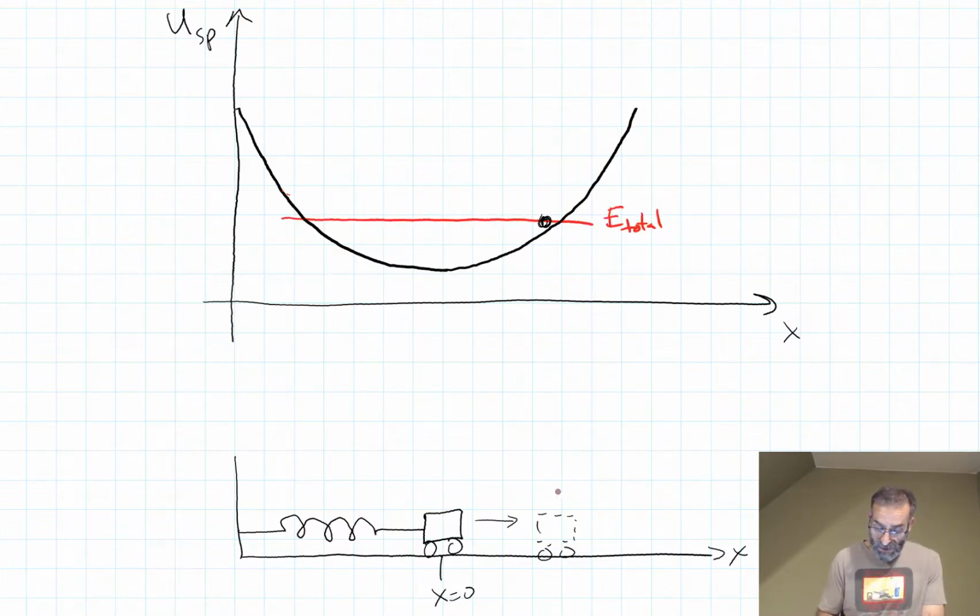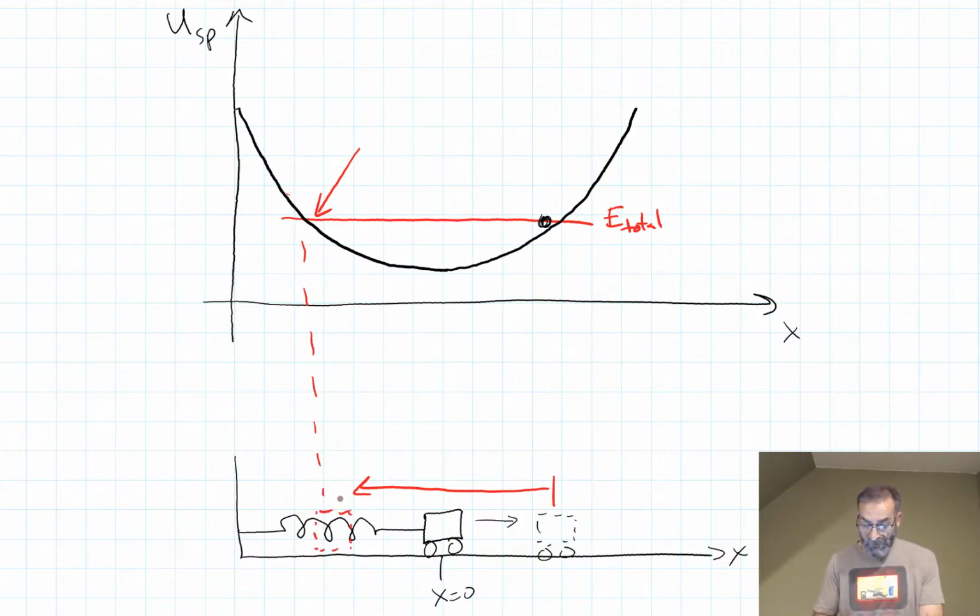The mass would move from this location to some location on the other side, defined by this turning point, and it would oscillate back and forth between those two locations.